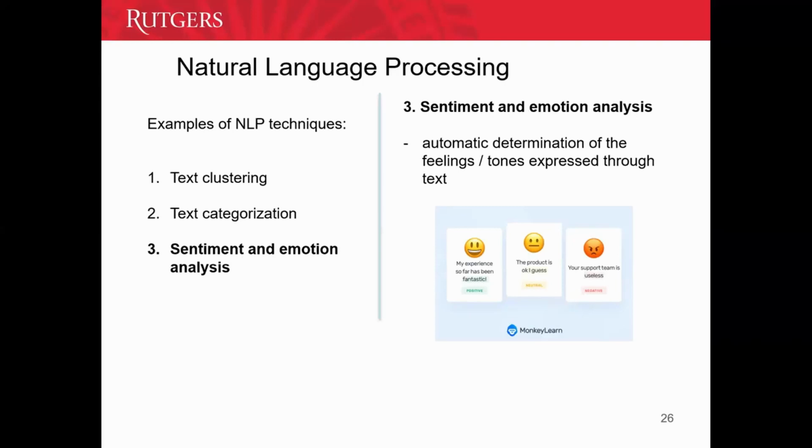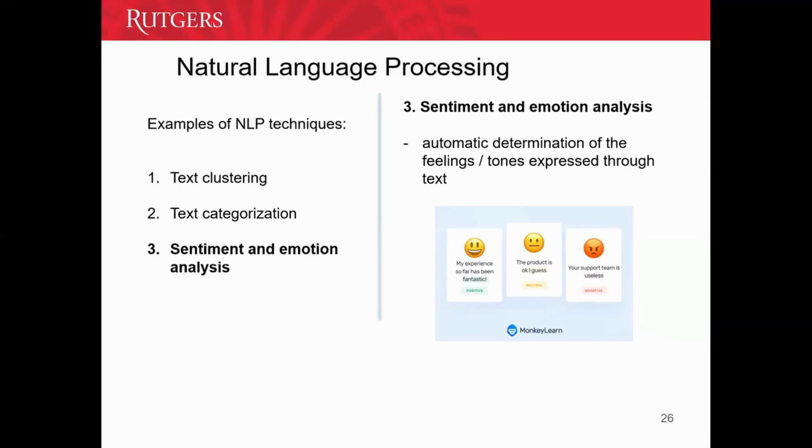And basically, sentiment analysis enables human beings to automatically analyze, using AI, the feelings or tones expressed in text, right? Here I've given you an image of different types of feedback that can be left by customers.